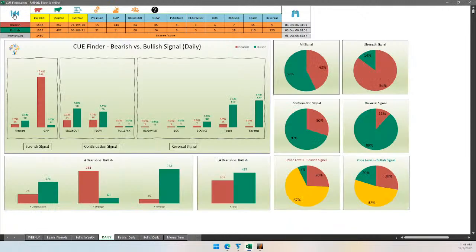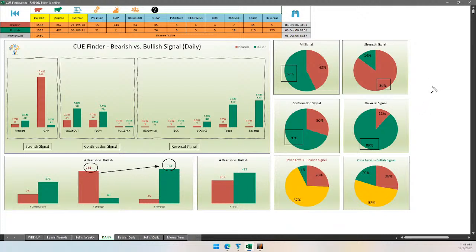What about Friday? Friday, all signals bullish, trend continuation bullish, strength is very bearish, but reversals are bullish. And if we look at the absolute numbers of strength versus reversal, reversals are actually more.